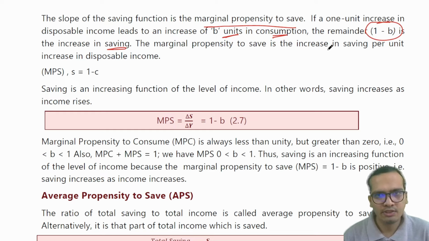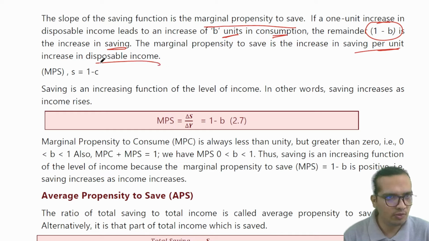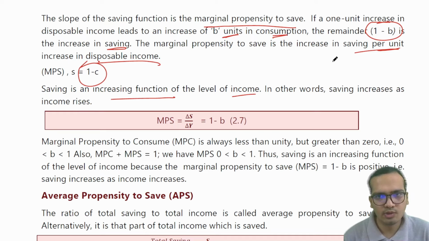The MPS is the increase in saving per unit increase in disposable income. So MPS equals 1 minus B. Saving is an increasing function of the level of income. In other words, saving increases as income increases. So MPS equals delta S divided by delta Y, that is equal to 1 minus B.